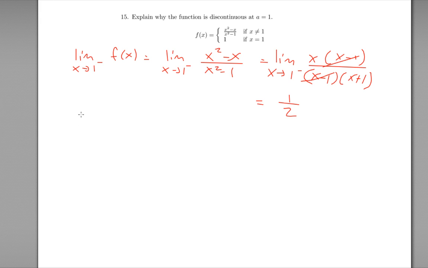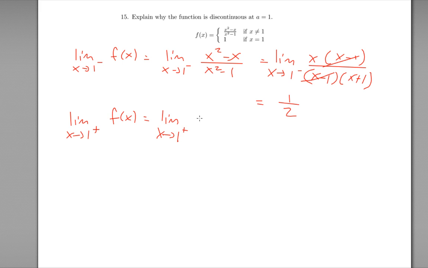Okay. Now, if I do the same thing from the right, the limit as x goes to 1 from the right of my function, f of x, is equal to the limit as x goes to 1 from the right of my function. Which version of my function should I use? Well, I'm looking at x's that are like 1.01, 1.0001. So I'm looking at x's that are not 1, because I'm taking the limit as x goes to 1.